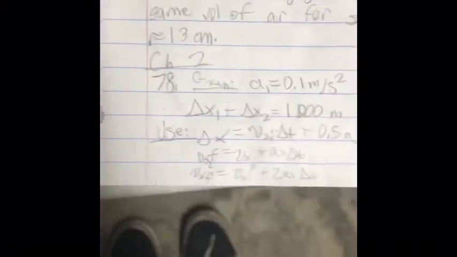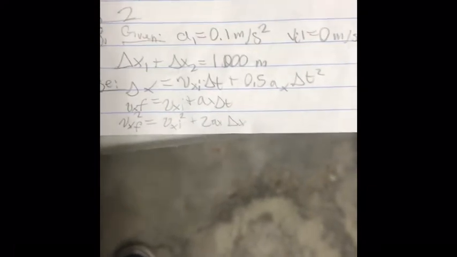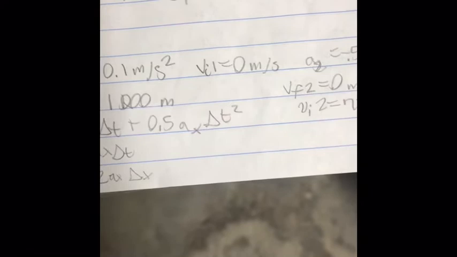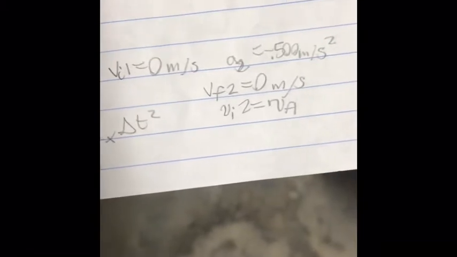Okay, so for this one, we had given the acceleration equals 0.1 meters per second squared. The initial velocity equals 0 meters per second, and then the second acceleration equals negative 0.5 meters per second squared.